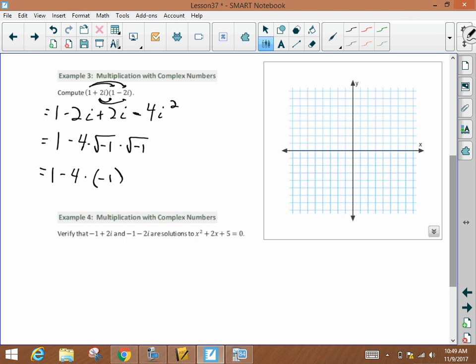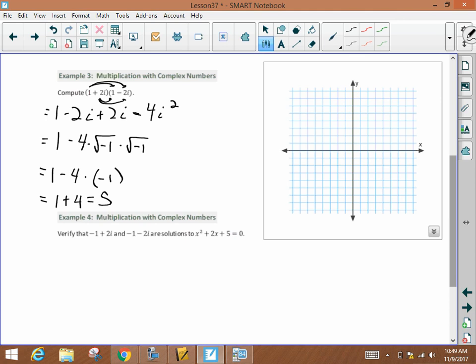It's negative 1, right? Because remember, we had the square root of x times the square root of x is just x. Same reason. So then this actually becomes 1 plus 4, which is equal to 5.